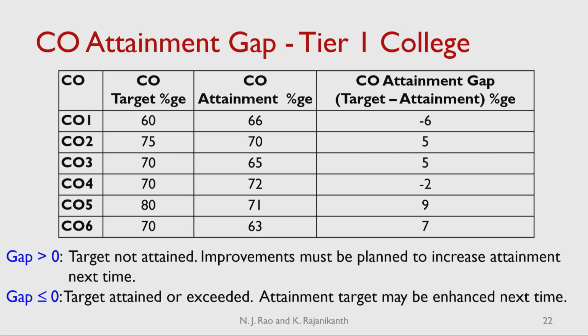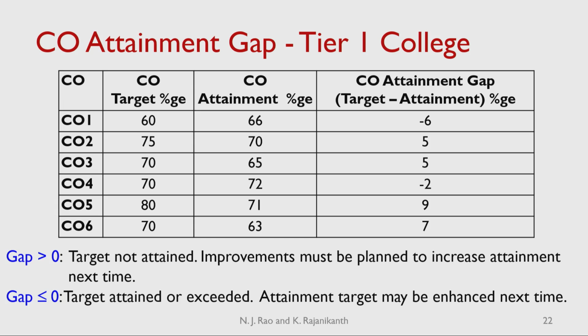From this table, we can see that we have been able to attain CO1 as well as CO4. In both cases, the attainment value is greater than the target. In the remaining cases, the attainment is lagging behind the target, and the maximum gap exists with respect to CO5.